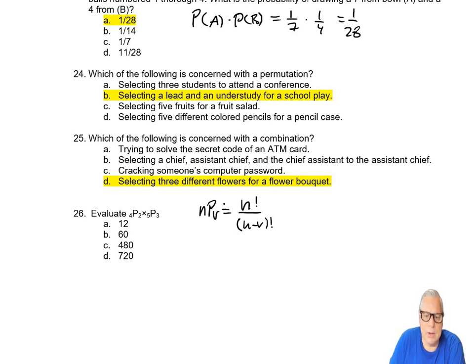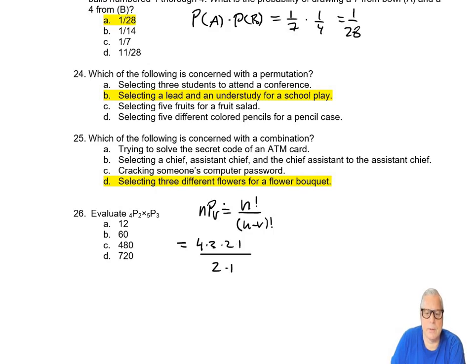Now if we want to evaluate it by hand, and we will do it in Excel in a second too, that would be equal to 4 times 3 times 2 times 1 over n minus r, 2 times 1.